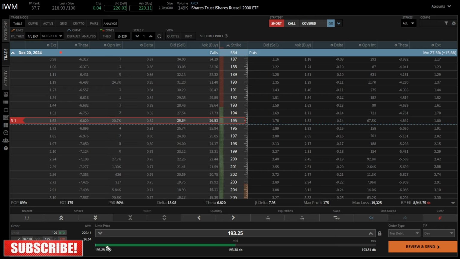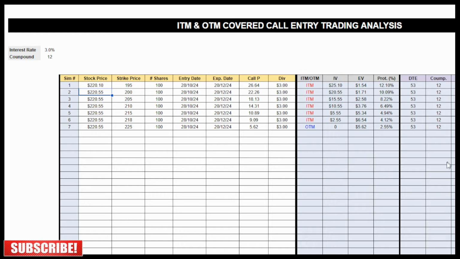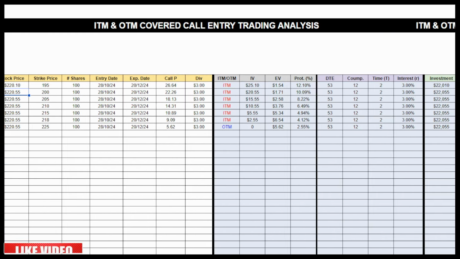But in this case here, okay, let me just redo this so you guys can have an idea. 195 is the right strike price. 195 out of the money. 220.10. Let me see if I can fix this here. So if I go back here to our simulation, if I go to the right a little bit, you guys are going to have an idea.